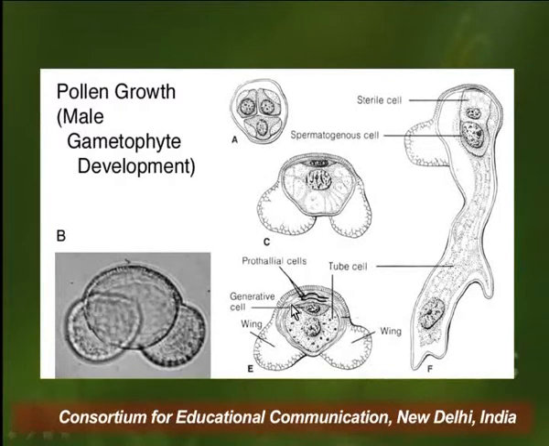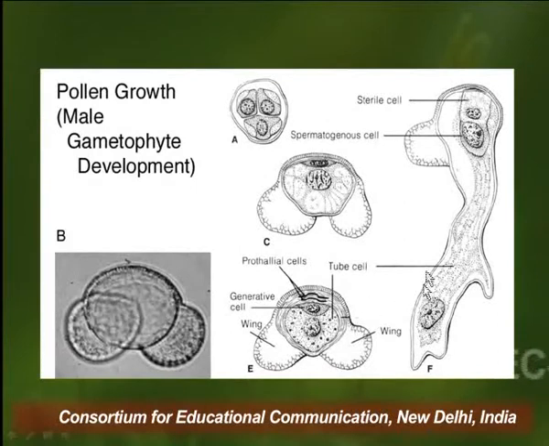The prothallial initials gradually degenerate, and the generative cell is the one which gives rise to the male gamete proper, and the anterior-most cell gives rise to the pollen tube, also termed the tube cell.